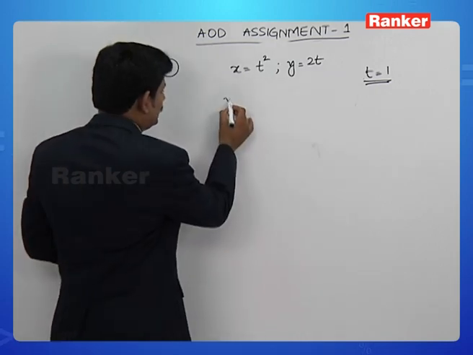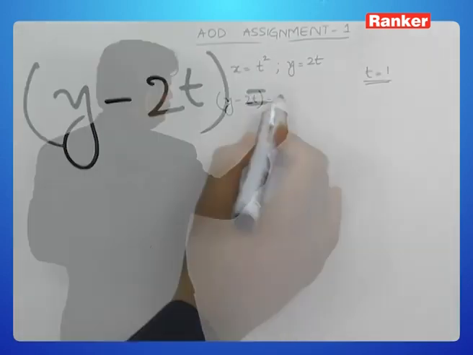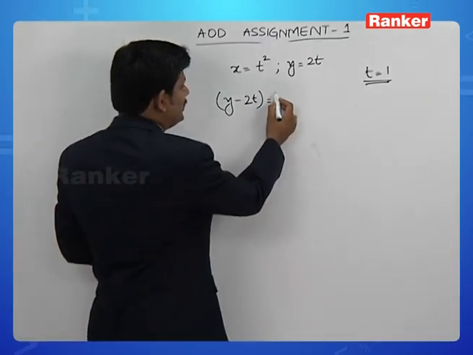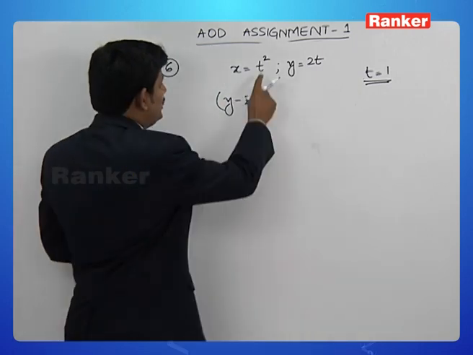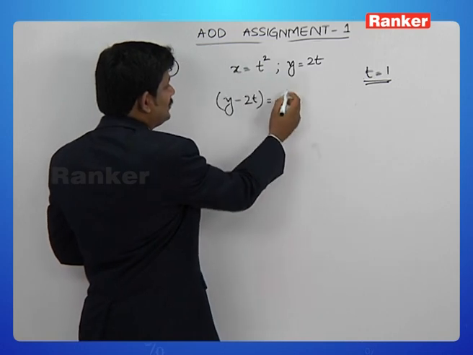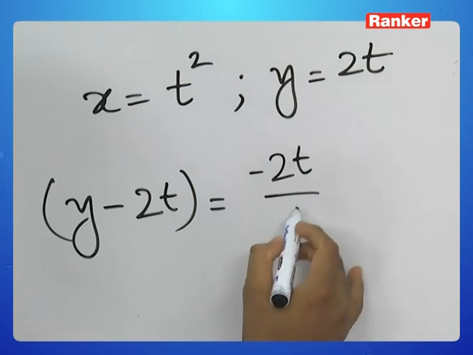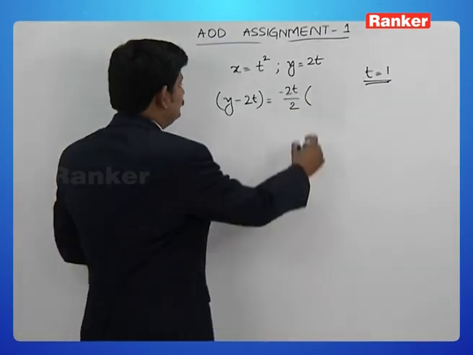Now a very simple question, y minus y1 is equal to m, the slope of the normal, which we know is given by minus dx by dy. Differentiate x with respect to t: minus 2t by 2 into x minus x1.